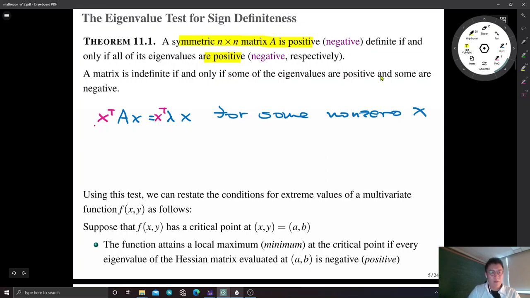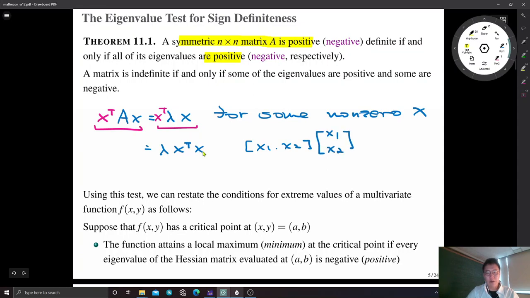Okay, then we obtain the quadratic form on the left, and on the right we have lambda, but lambda is a constant, so I can pull it out, and I obtain x transpose x. But if we think about x transpose times x, in the case of 2 by 2, that is x transpose, and this one is the original vector x, 2 by 1, okay?